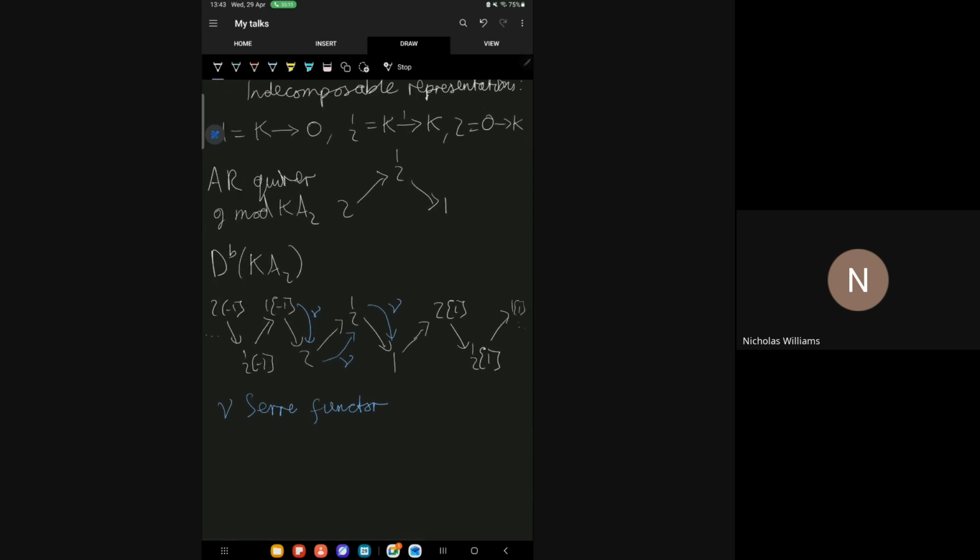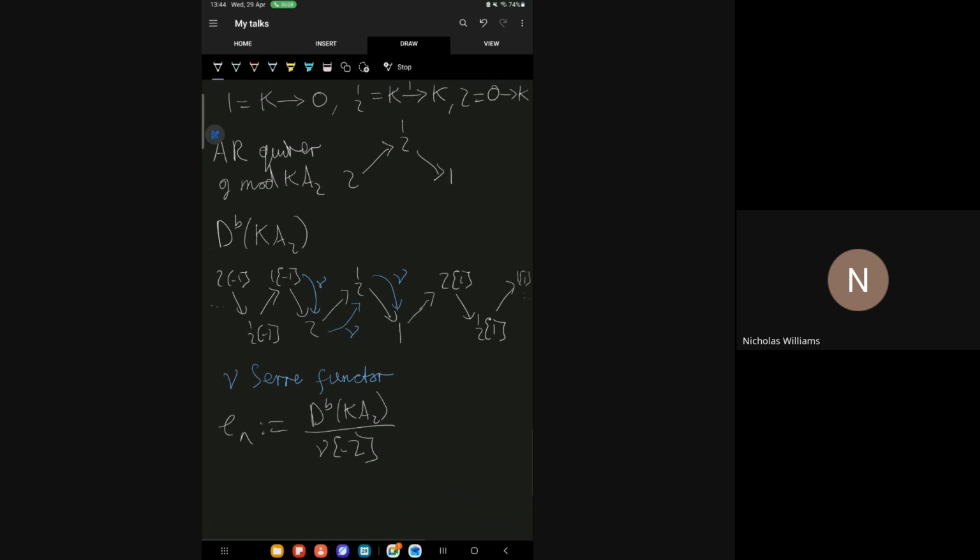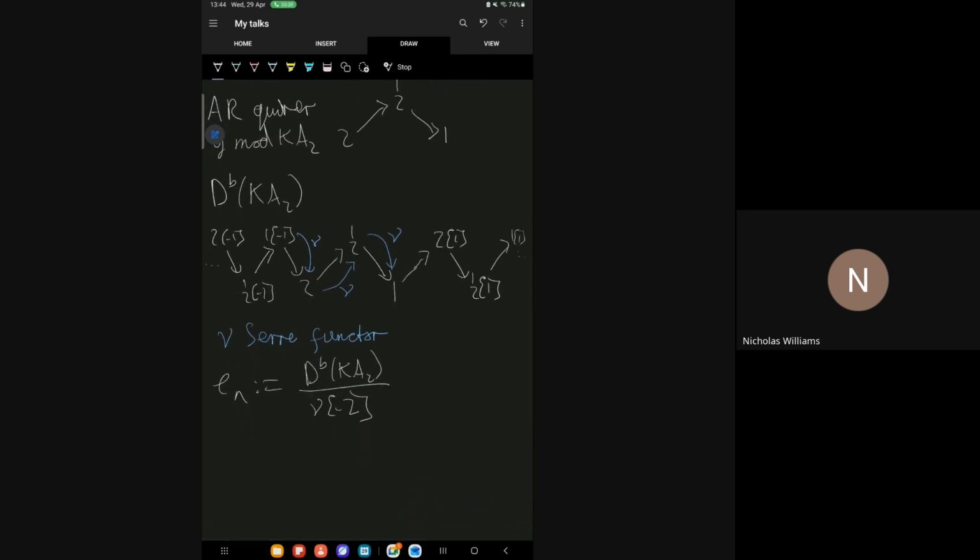And the cluster category C_n is defined to be the category of orbits of the Serre functor composed with the second shift. So okay, let's first take the orbits corresponding just to the complexes concentrated in degree 0.